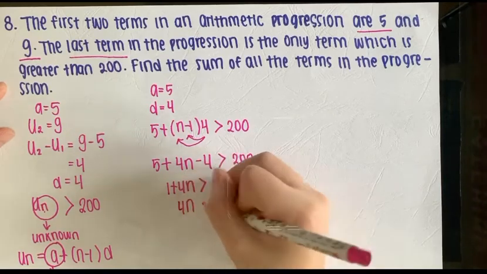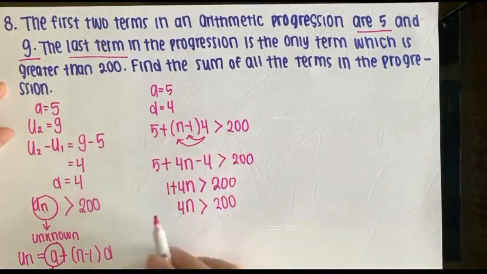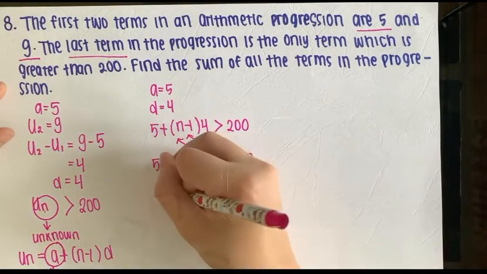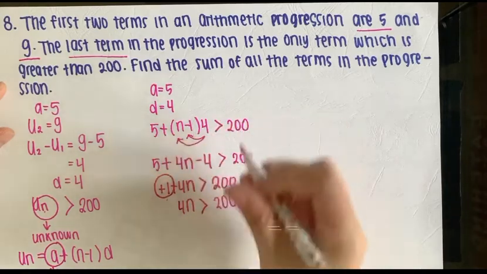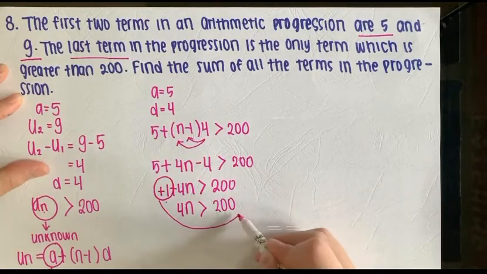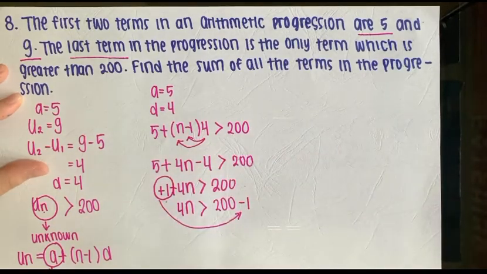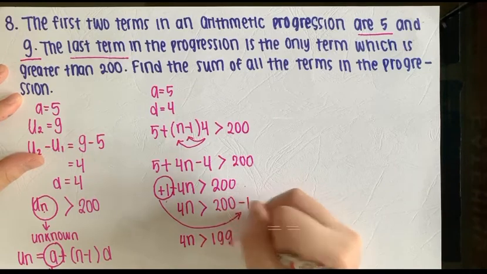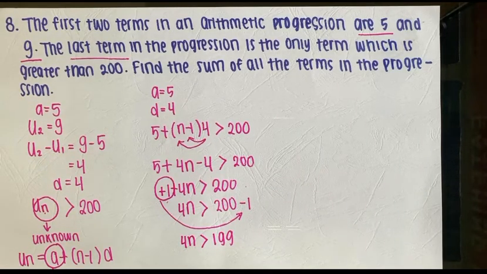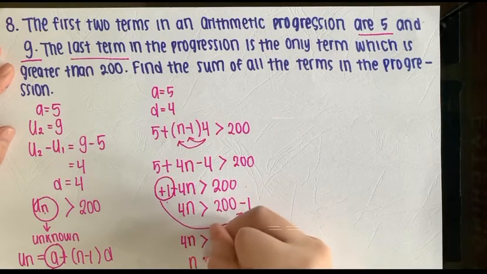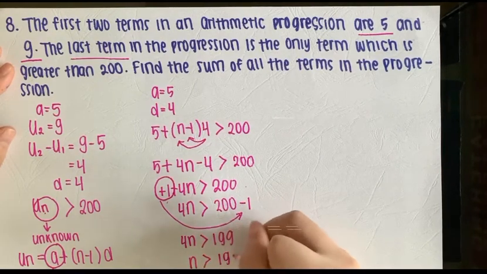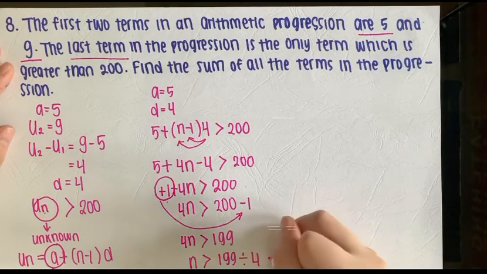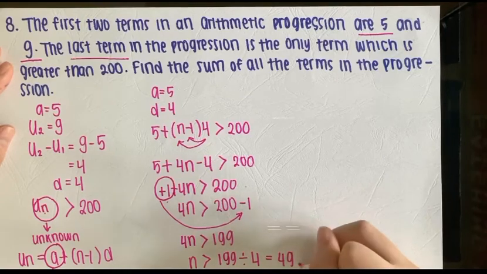For 4n, shifting the 1 over to the right side, it is a positive number, so shift it to become a negative number, minus 1. 4n is greater than 199. Knowing that, we can find the value of n: 199 divided by 4 results in 49.75.